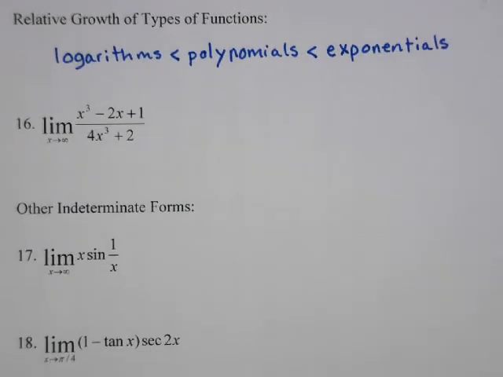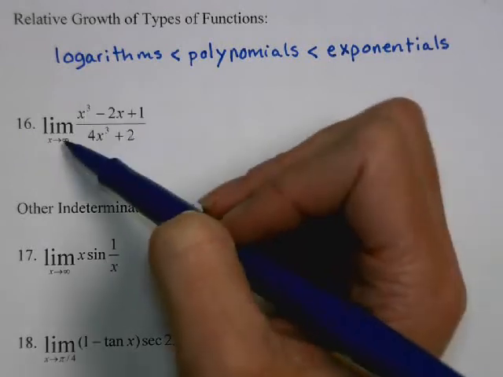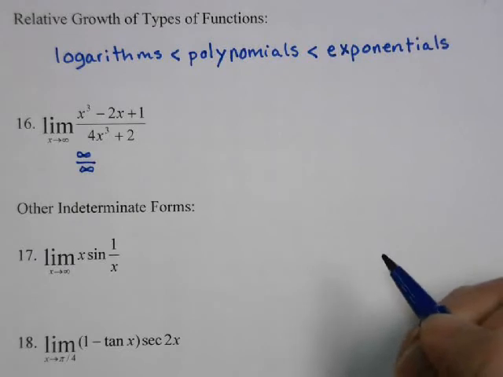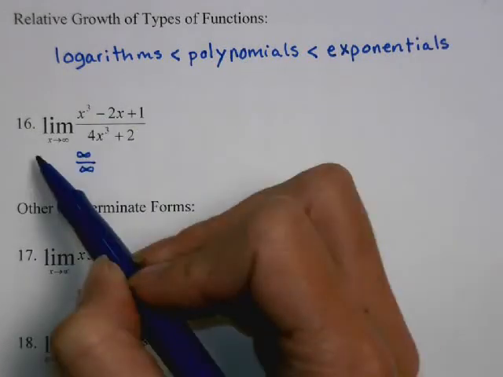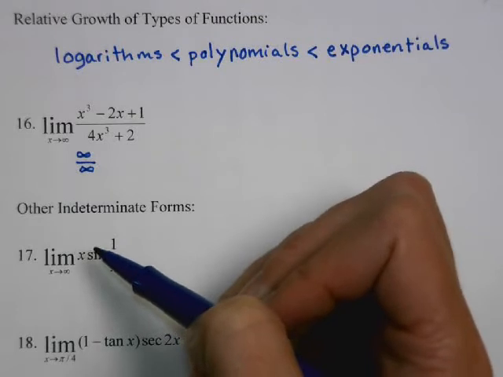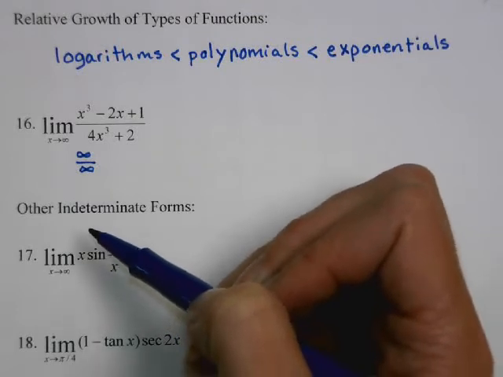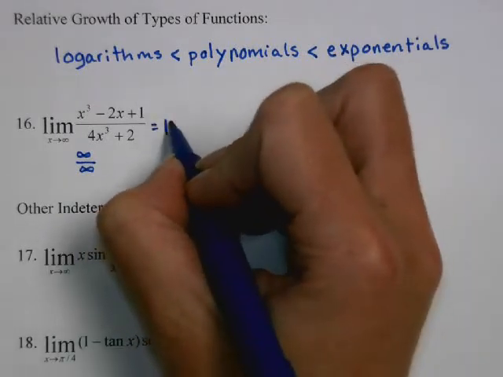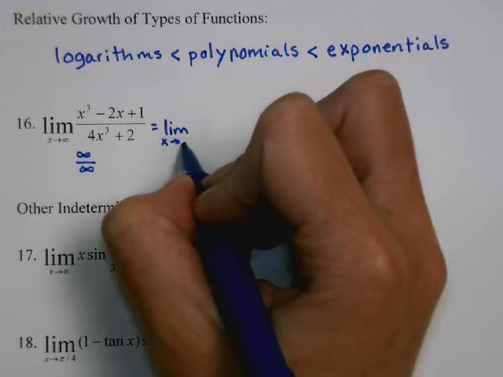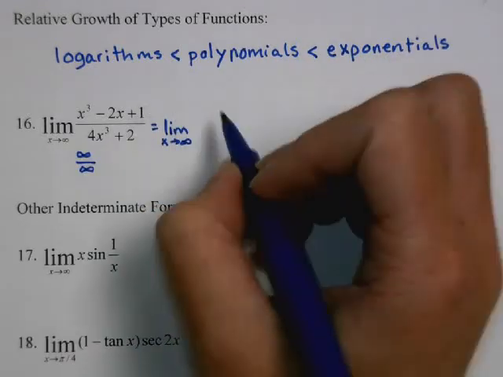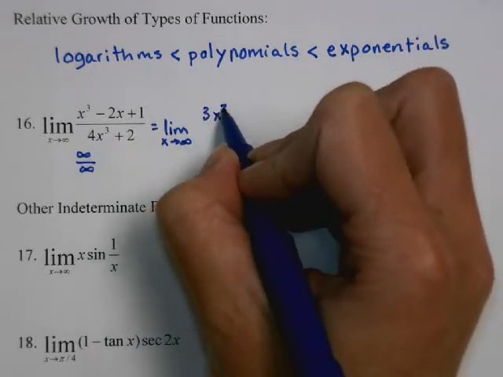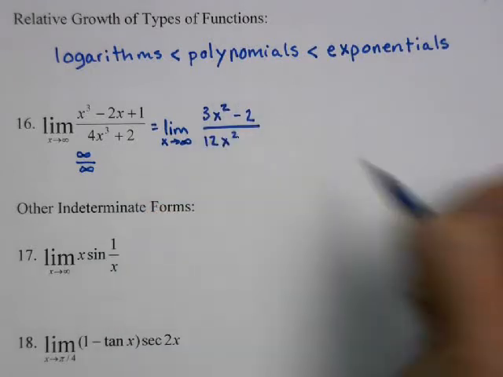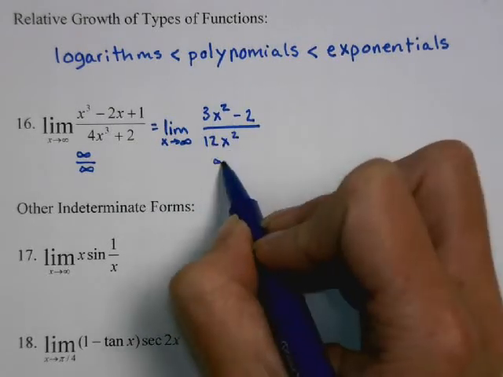Okay, let's look at one more infinity over infinity. So both of these are going to go to infinity, right? And if you look at this limit as you go to infinity, hopefully you know already what the answer is, but we're going to arrive at that same conclusion using L'Hopital. So we'll take the derivative of the top over the derivative of the bottom. Still infinity over infinity.